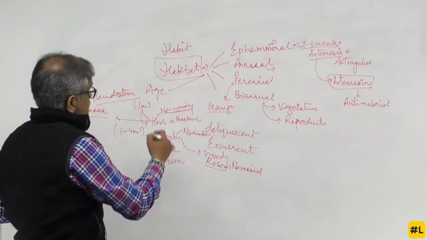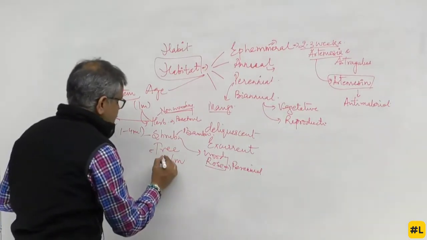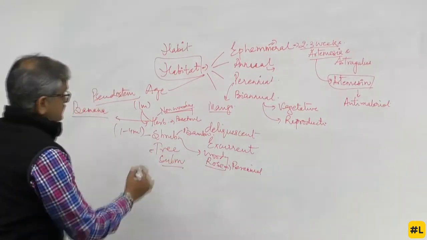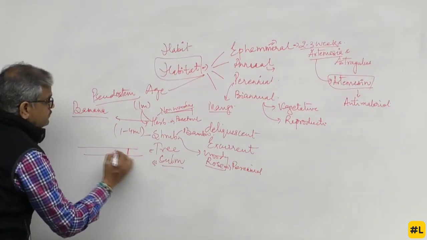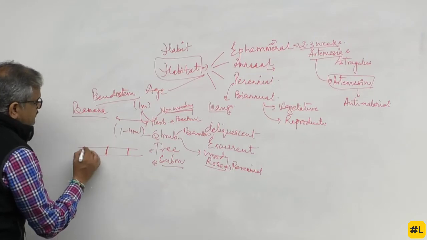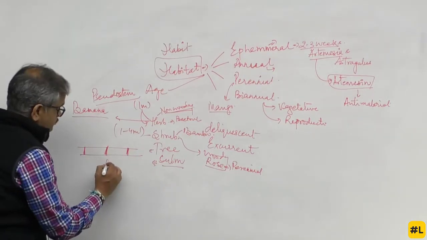From here, shrubs, trees, as you know, trees are of different types. First is culm. Culm means plants which have hollow internodes. Again coming back, you might have seen bamboo.